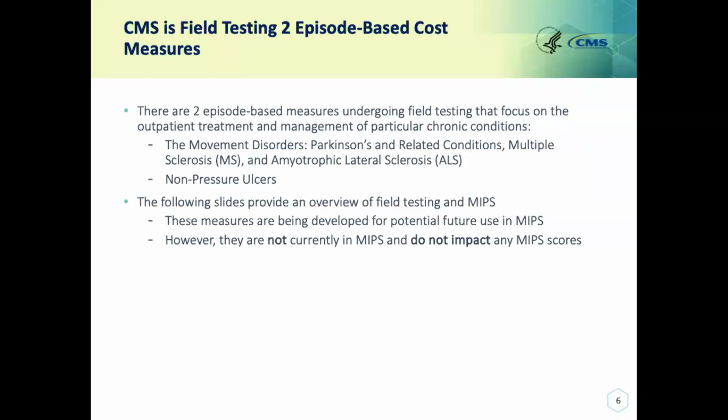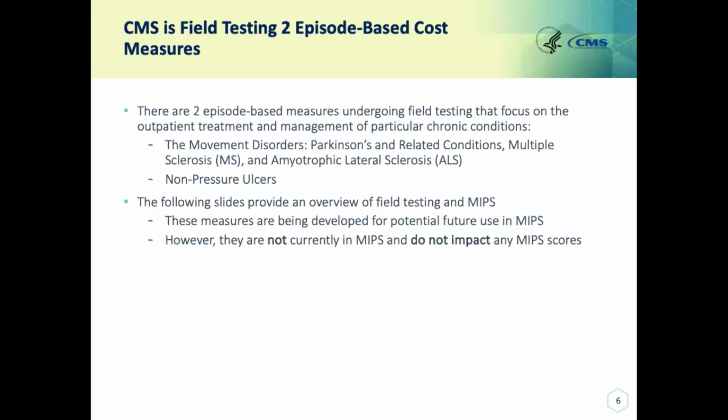And so the two measures listed here, the movement disorders and non-pressure ulcers, began development last year as part of Wave 6. Both measures assess the outpatient treatment and management of specific conditions, often over an extended period of time. These measures are now fully drafted and undergoing field testing.